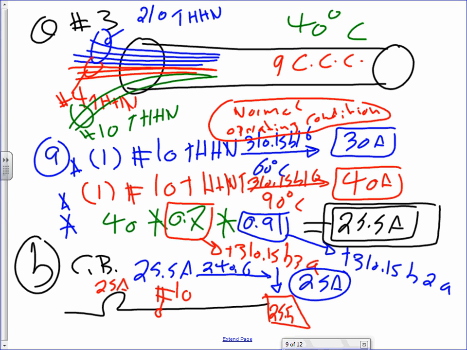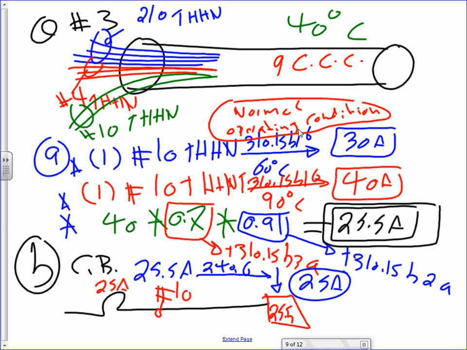Any comments, guys, any questions? So we went down on the overcurrent device. Now I'm going to warn you, you go down on the overcurrent device if you're feeding receptacles and things that are plugged in. If you're feeding things that are fixed, you can go up on the circuit breaker. But let's leave that for a different topic.